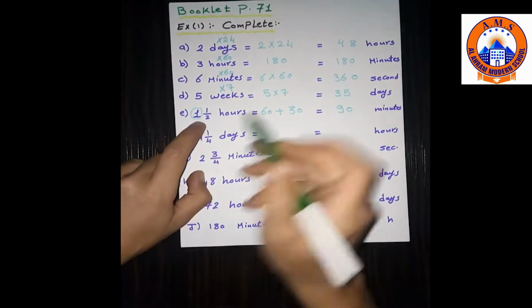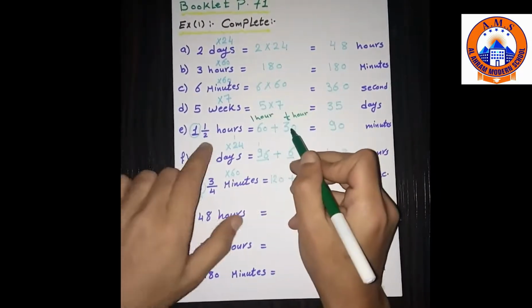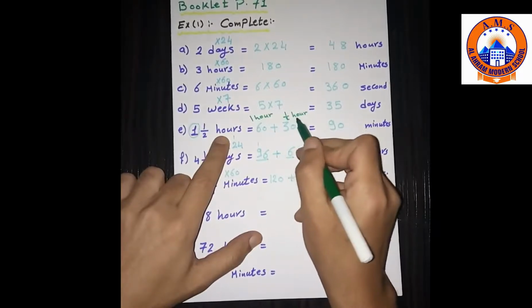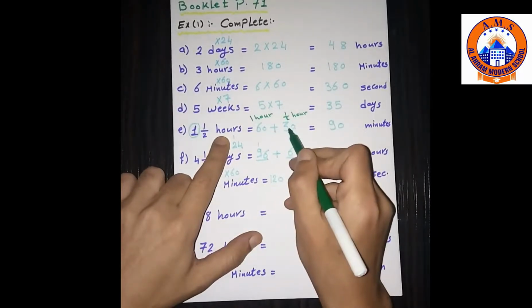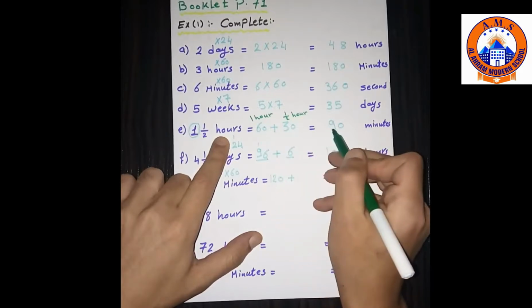I write this 60, which refers to 1 hour, and the 30 minutes refers to half an hour. Then I add them together. 0 plus 0 equals 0, and 6 plus 3 equals 9.